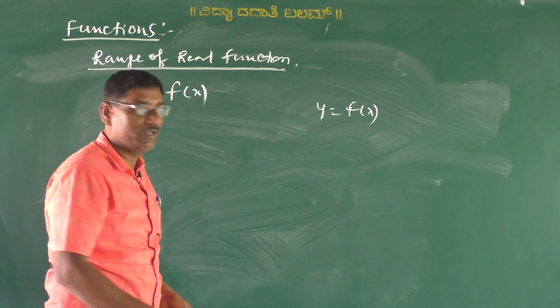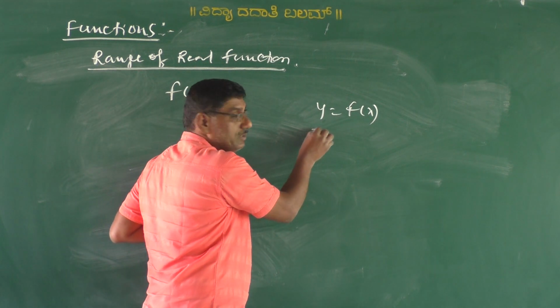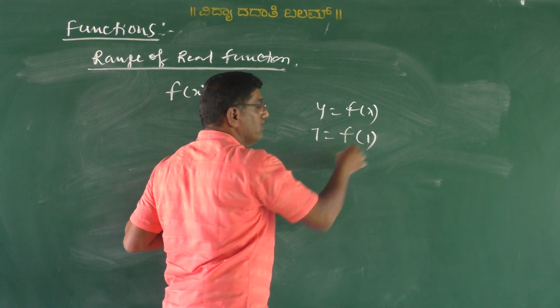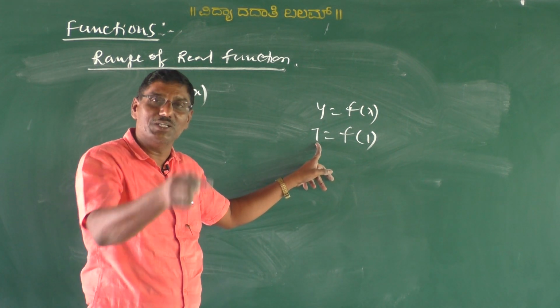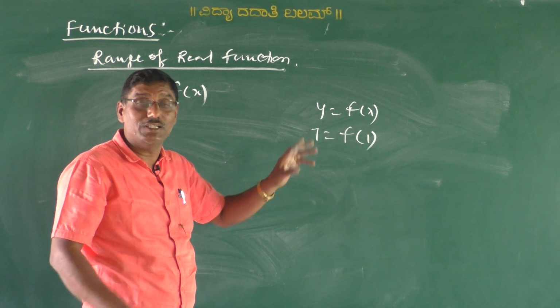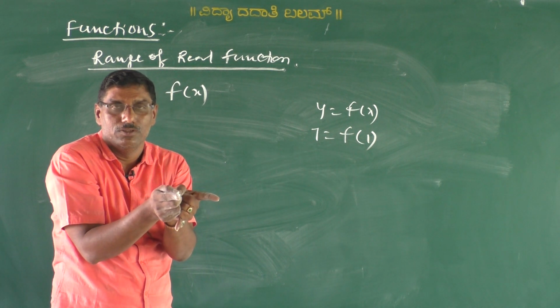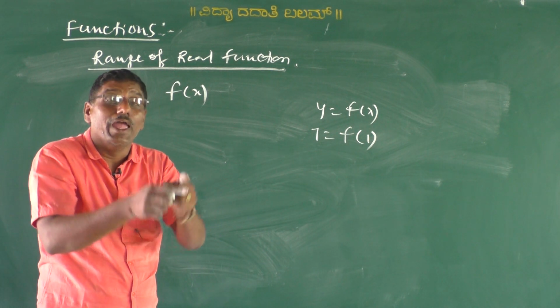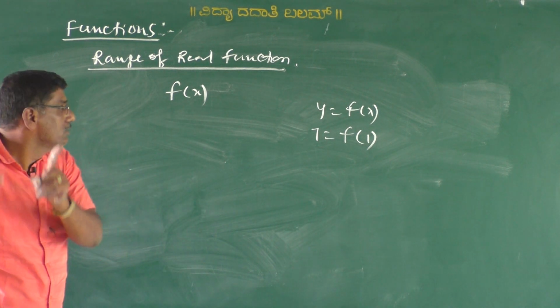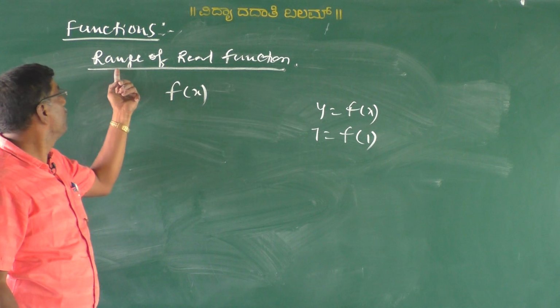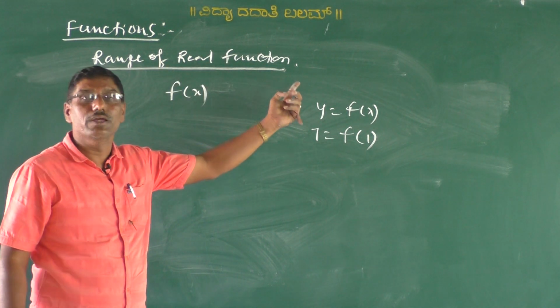In the example I have written, 7 is equal to f of 1. Here 7 is called the range of a real function. That is, the set of all images collected in a set is what we call the range of real functions.